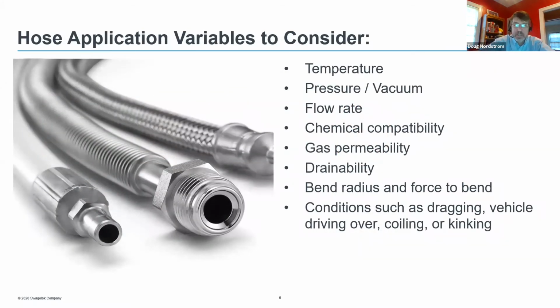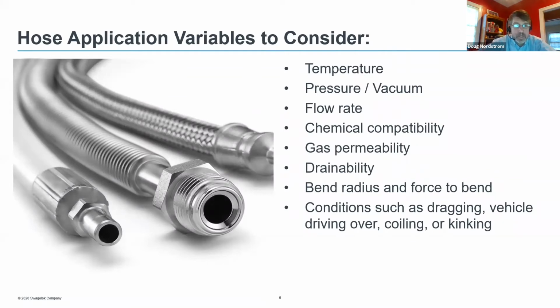There are different things to consider. Some of these are obvious, but some may not be quite as obvious. Like with any fluid system component, we always want to look at pressure, temperature, and flow rate. Those always come to mind right away, but a hose is different from most other fluid system components because it has other features that need to be considered when selecting the proper hose.